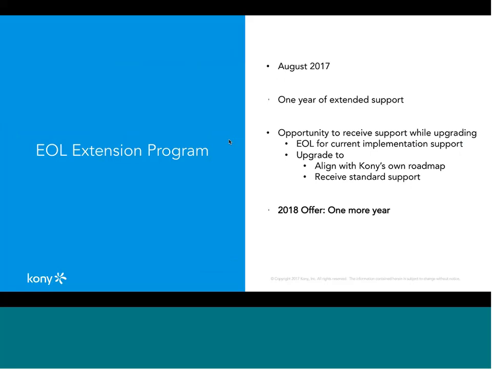As you can see, in August 2017 we originally introduced extended support for 6.5, which got 12 months of extended support. And what we have decided now is, as of 2018, to offer one more year of EOL extended support.